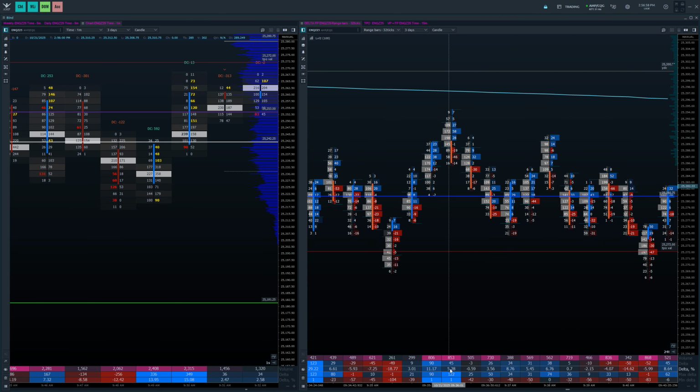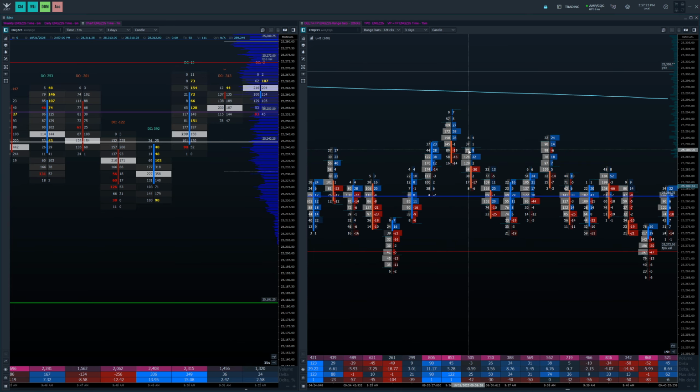And down here you can see we have a 45 delta right here. So we have a positive candle, but for some reason it closed red. Why would it close red? Why would it not continue going higher if we have all of this positive delta? How does that make sense? That can be explained by absorption. There was a passive seller here that absorbed all of these buyers and forced it lower.